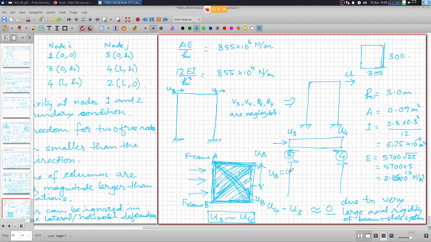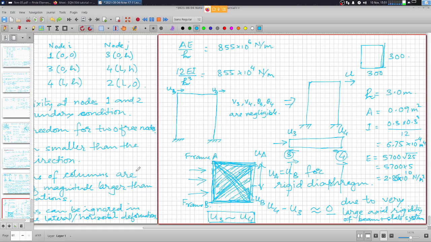UA is equal to UB for rigid diaphragm. So what does it imply? The implication is about the force that is taken up.